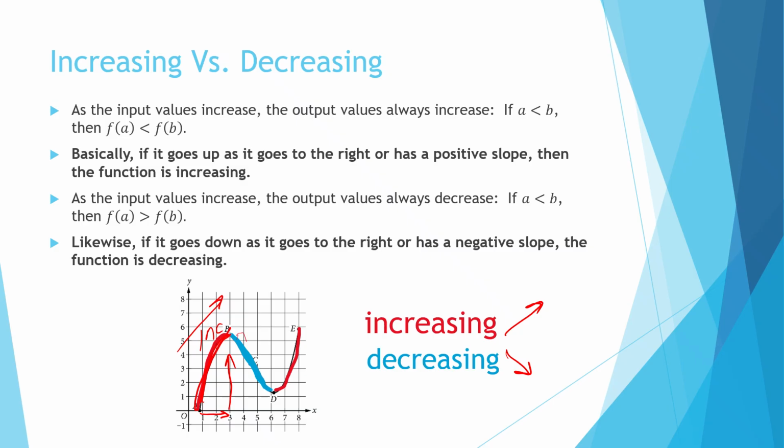So from this blue segment right here, as your input values increase, your output values will decrease. That is going to be a decreasing part right there. And then if we take a look from 6 to 8 here, as your input values increase, your output values also increase. That's another example or portion of an increasing graph right there, and that blue is decreasing there. Just know increasing for a function is going up, decreasing for a function is just going down.